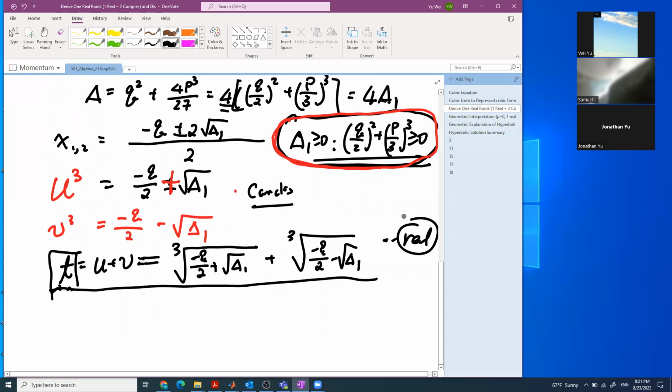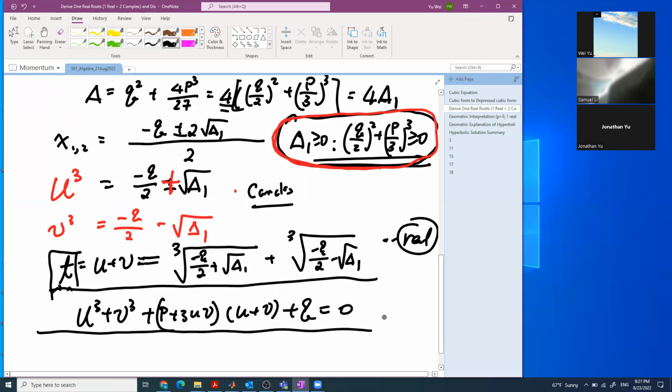How can we get the other two complex roots to also satisfy the same equation? Let me remind you, we need to satisfy this equation, okay?